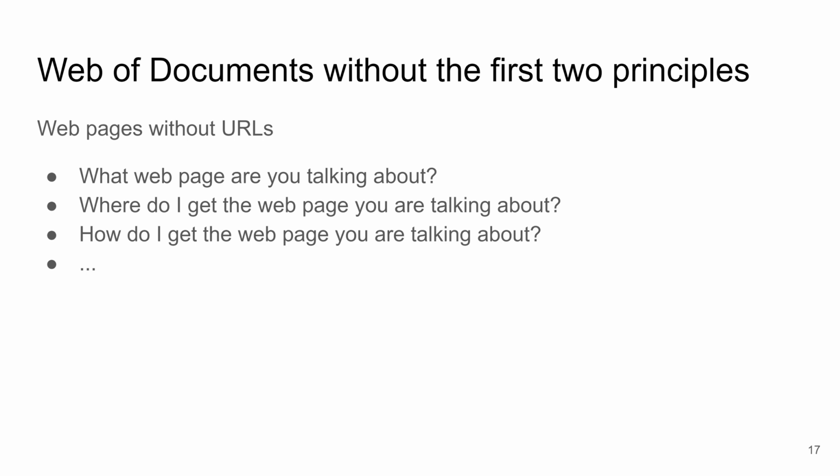Well, try to send a link to your friend saying, hey, take a look at this. Well, if web pages don't have URLs, you cannot do that. You need to explain to your friend where they can get the data, how to get the web page, how to get to it, where to find it. So that's almost unimaginable, right? But this is actually the state of data on the web.